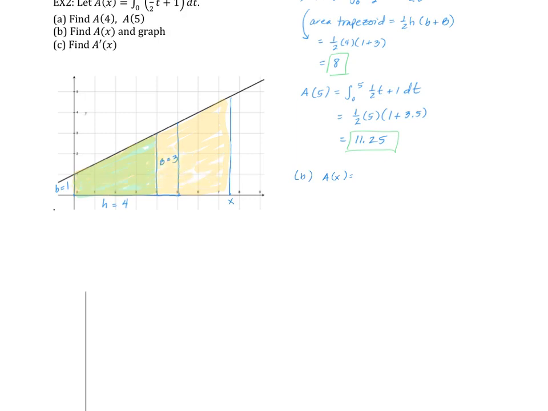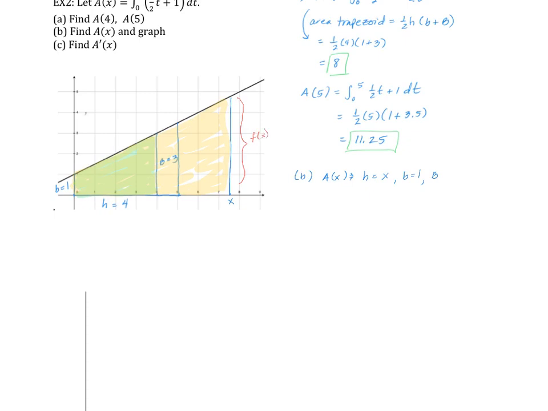For any x value. So in general, the height is going to be the x value we put in. The smaller base is always going to be 1. That's not changing. But the larger base is going to be this value here, which is your f of x.